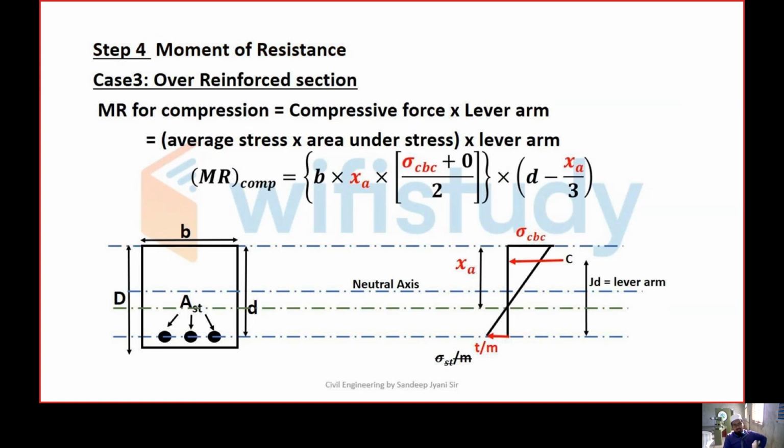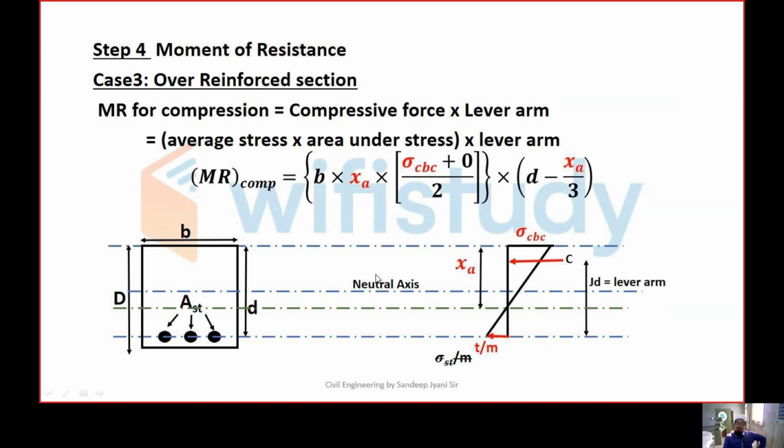Coming to the over reinforced section. In the over reinforced section, the actual depth of neutral axis lies below the critical depth of neutral axis. The green line, which indicates the actual depth of neutral axis, lies below the blue line, which is the critical depth of neutral axis.